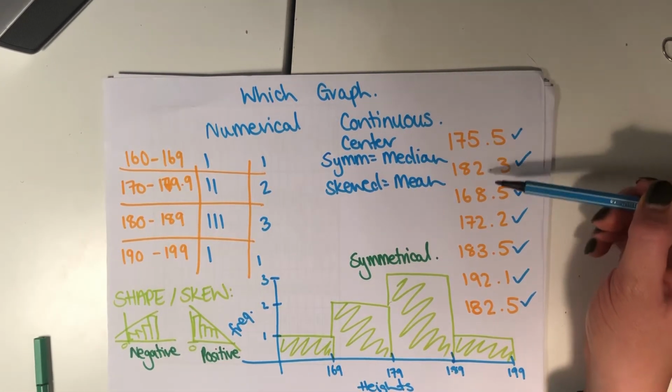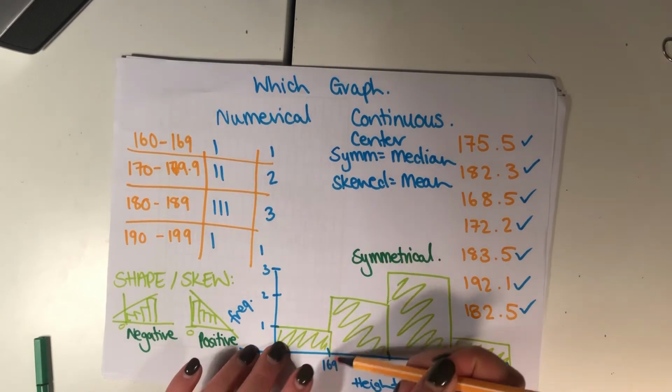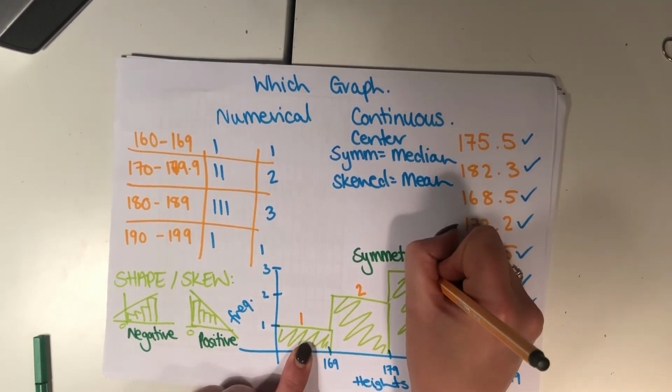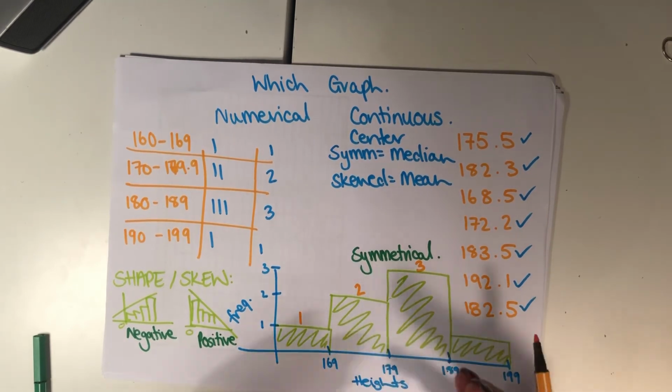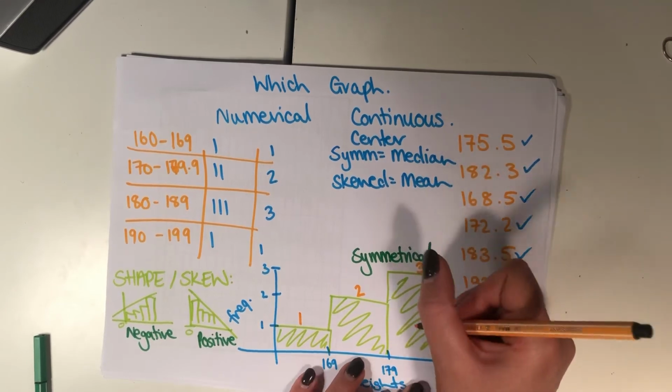I have 1, 2, 3, 4, 5, 6, 7 numbers, which means my median is going to be my 4th number. Going through our data, 1 in this column, 2 here, 3 here. So 1 and 2 is 3, which means my number is going to lie in this bin here.